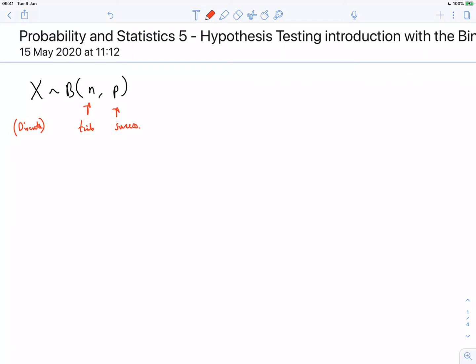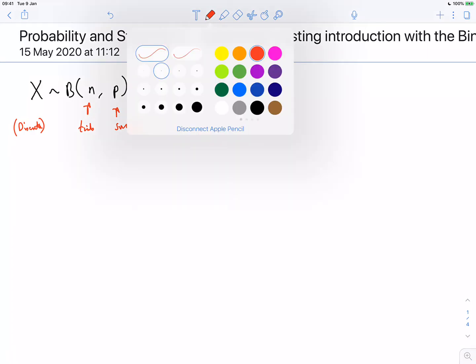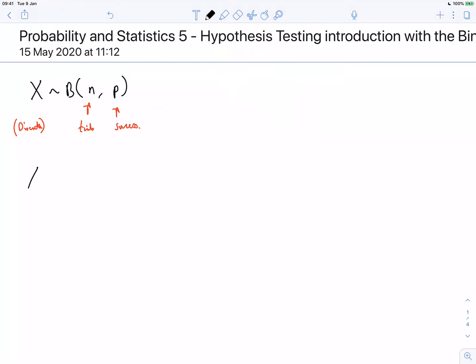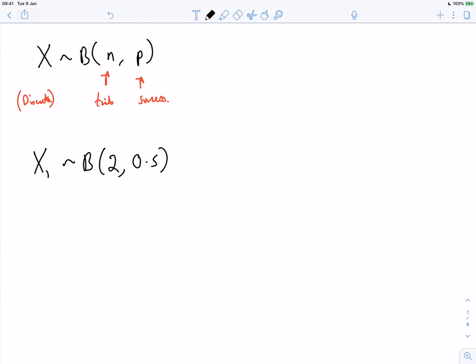So if I was to draw, say, let x1 be binomially distributed with n being 2 and probability of success being 0.5, where this would correspond to coin flips, then what's going on?